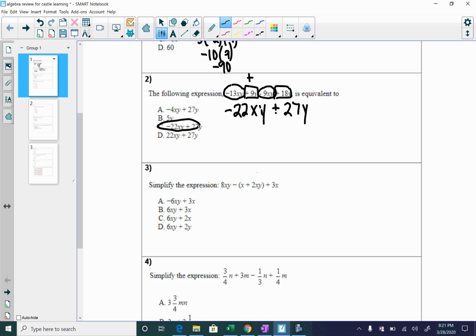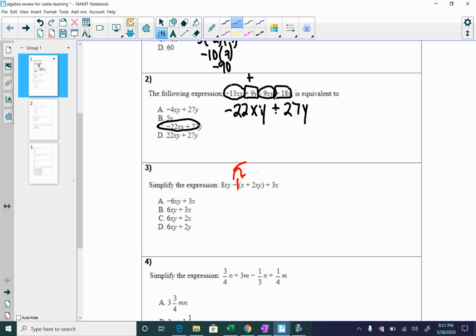Have to be careful in number 3. Think about what really is in front of this set of parentheses in between that subtraction sign and the parentheses. And hopefully you remember that there's really a -1 there that you have to distribute.